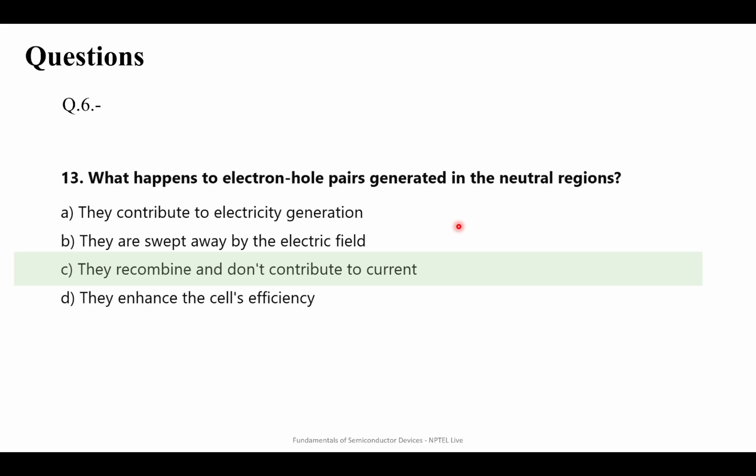But if an electron hole pair is generated in the depletion region, the electric field will throw electrons to one side and holes to the other side. Electrons will go to the n-type region and holes will go to the p-type region.